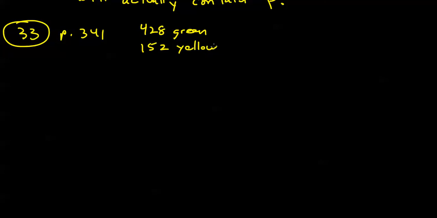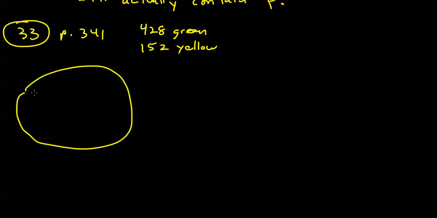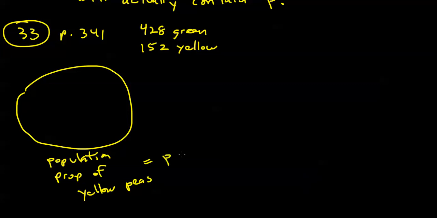Part A asks us to find a 95% confidence interval estimate of the percentage or proportion of yellow peas. So worldwide, through the annals of time, there is going to be some proportion of peas that are yellow, and we want to estimate that population proportion of yellow peas, equals little p.